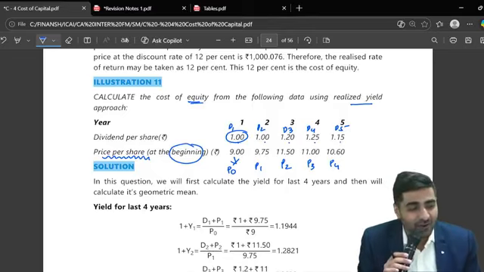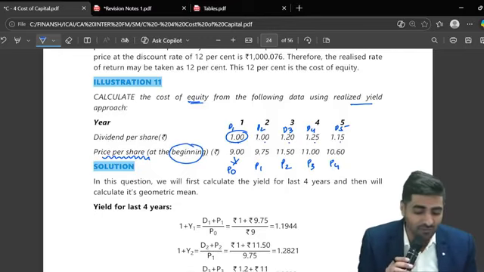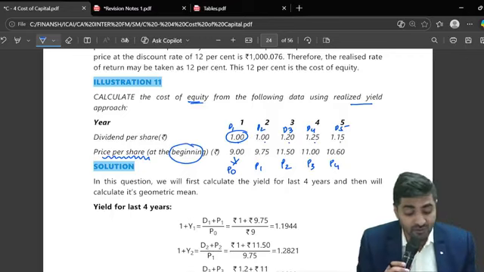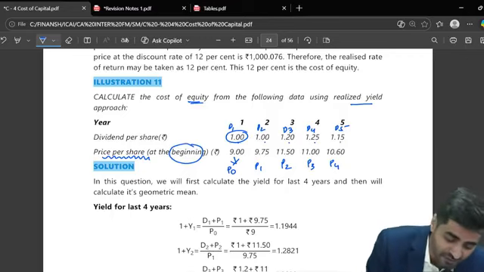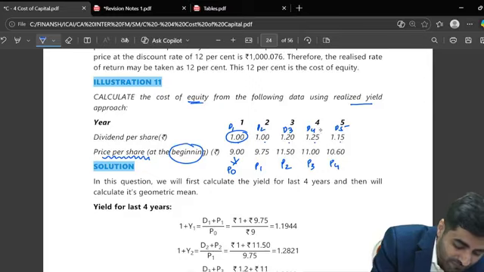Now you are required to calculate what should be your yield. You have to calculate what should be your final answer. What should be your realized yield approach. Now in this particular case, my dear students, we have the price at the end of which year? The last price which we have is the price at the beginning of the 4th year.